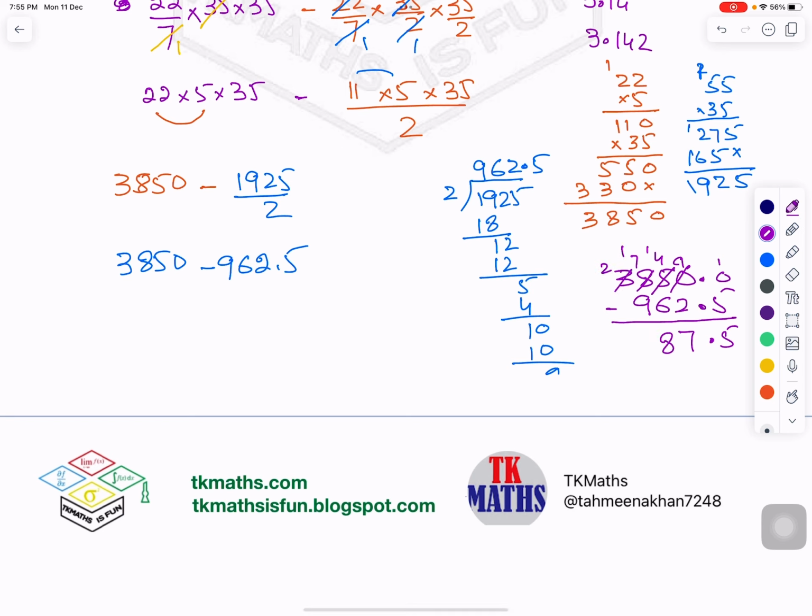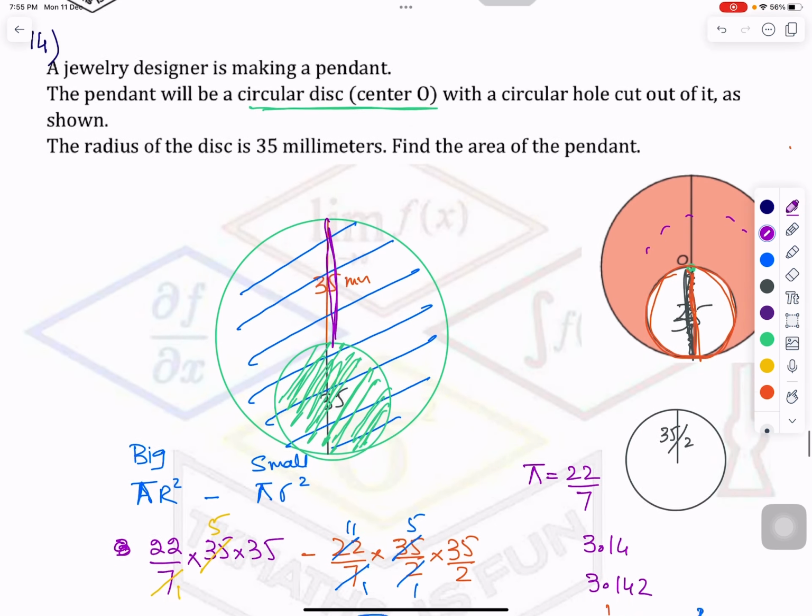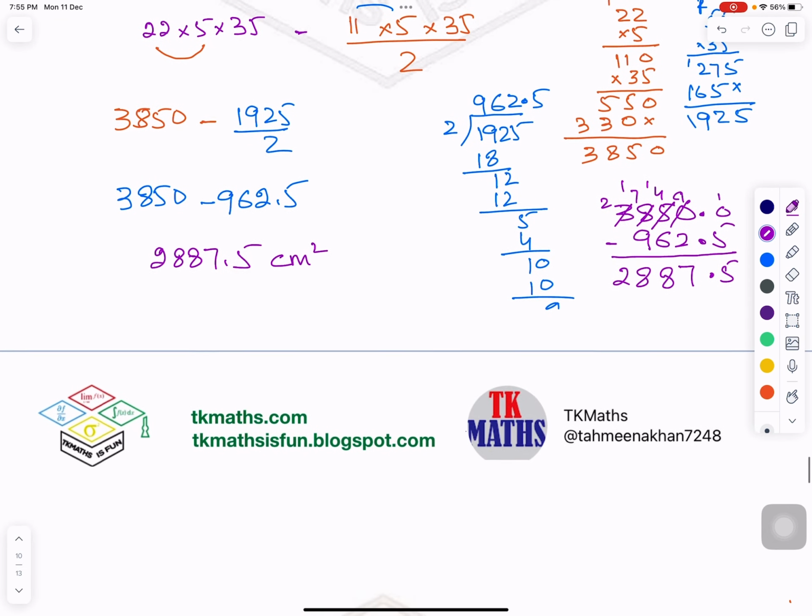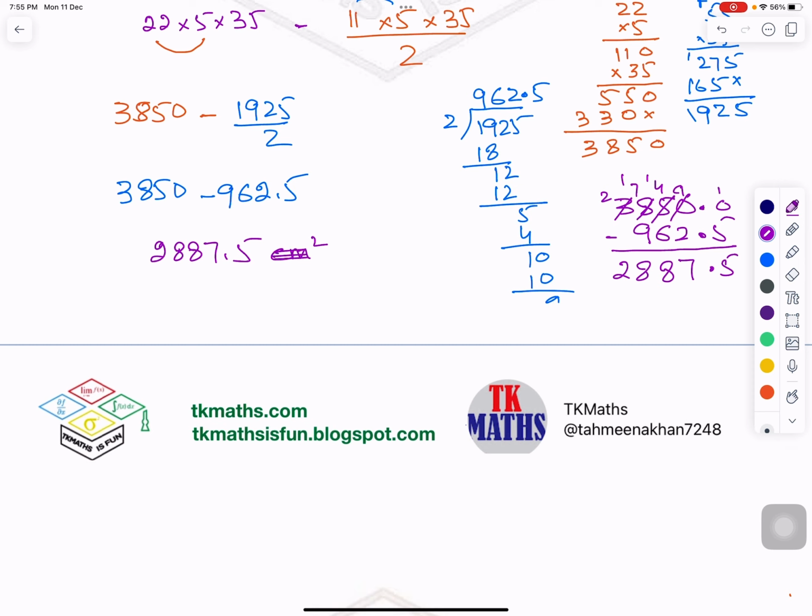So what will it be? 2887.5. So I got here my area of the pendant. And don't forget to write the unit, square centimeter, millimeter, let me check. Oh, millimeter. Okay, so see carefully, square millimeter.